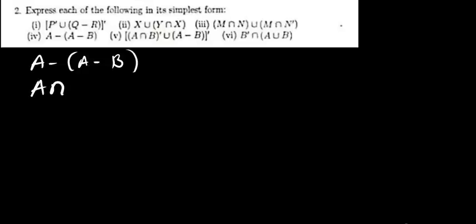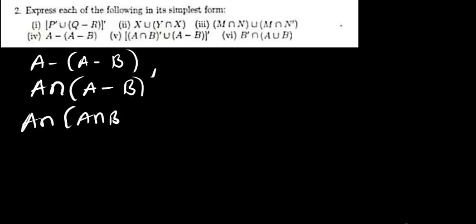So this intersection is going to affect everything here. Even this one here I have to change. So that will be A intersected with B complement, again complement. This complement is because of this minus, and this complement is because of this minus.